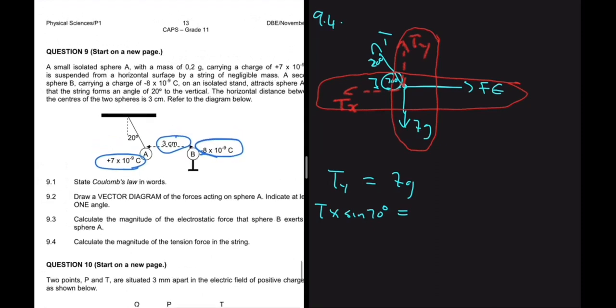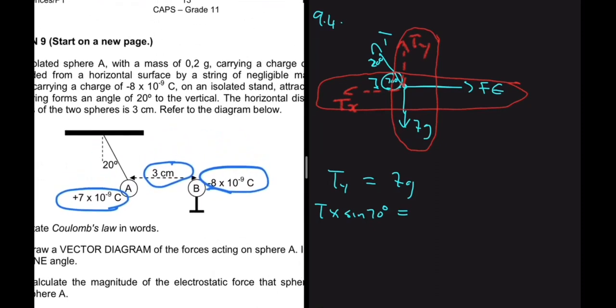If you look at our equation here, we're told that the sphere has a mass of 0.2 grams. So we're going to have 0.2 divided by 1,000. Why are we dividing by 1,000? The SI unit of mass in physics is kg, so we have to divide grams by 1,000 to convert to kg. Multiply by 9.8.